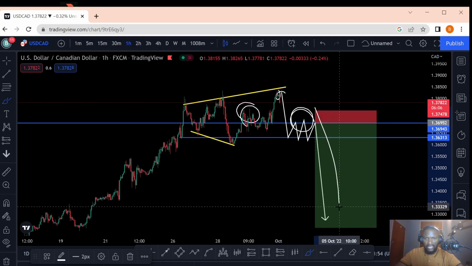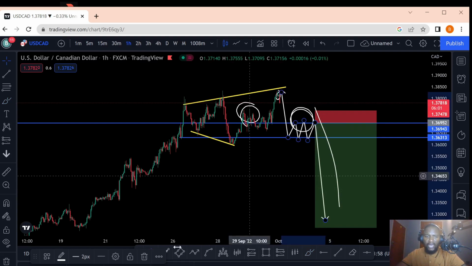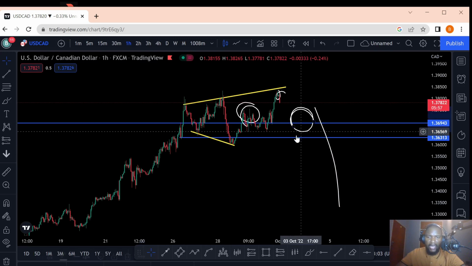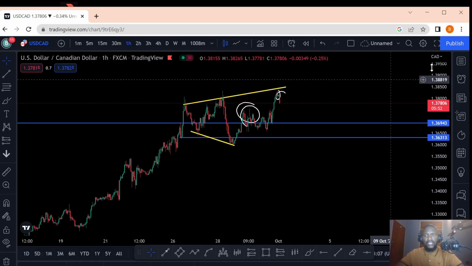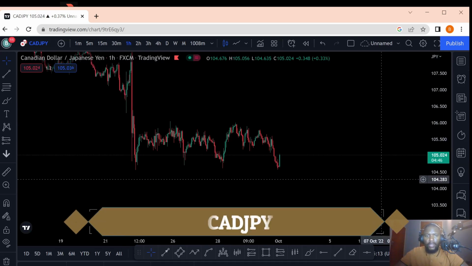Then that's where we can look for the sells. So moving right along, we can look at another pair and see how it normally reacts. So let's move to another pair.